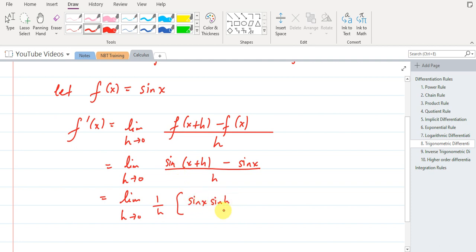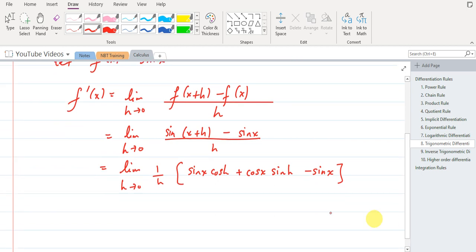The compound angle expansion for sin of x plus h is sin x cos h plus cos x sin h, and then we subtract the sin x. Now I'm going to simplify this as far as possible.